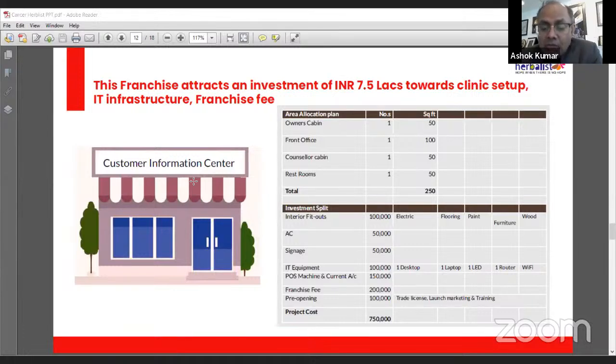Now it has one more upside. If my franchisee partners are already associated, or already doing some kind of business related to Ayurveda products or herbal products, or any clinical services, physical fitness services, they can start this business opportunity in their own premises.